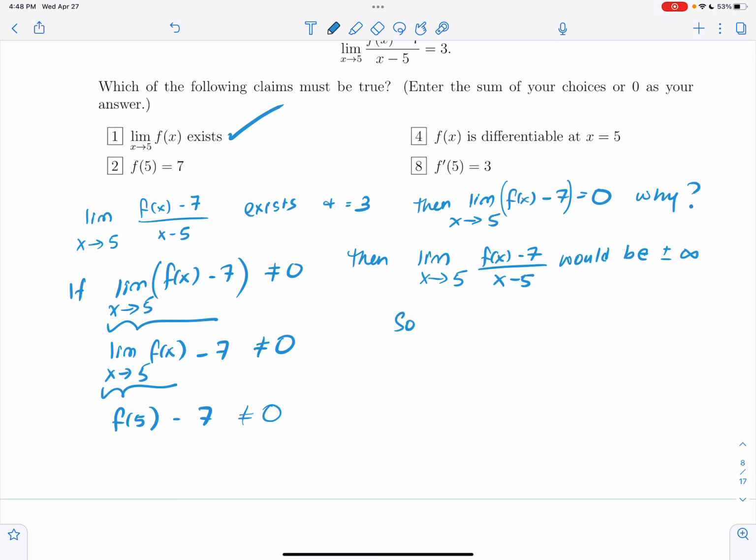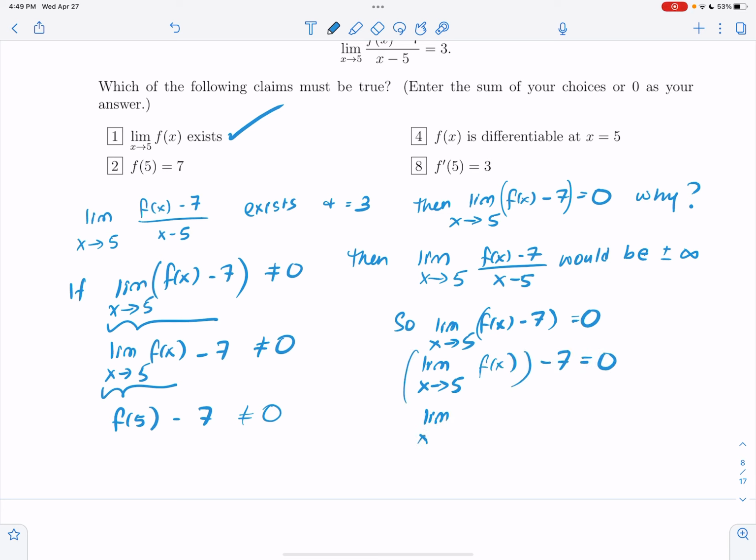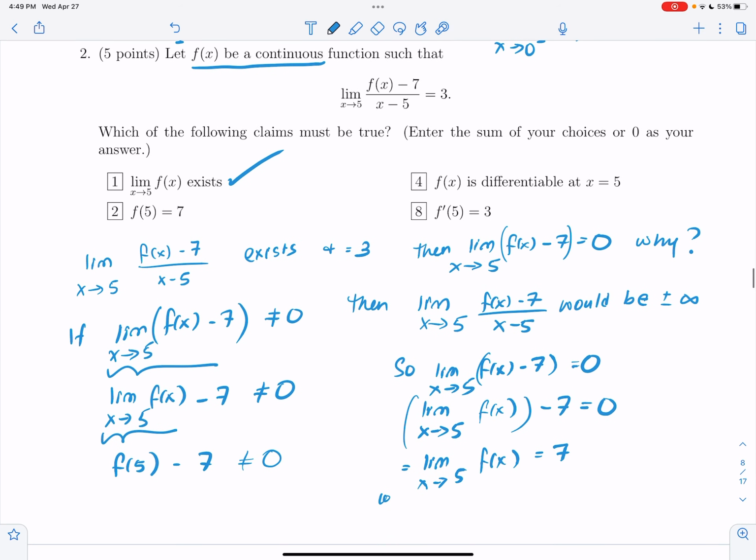So you must have that the limit as x approaches 5 of f of x minus 7 equals 0, or the limit as x approaches 5 of f of x is 7, but by continuity of f, this must be f of 5. So you must have that f of 5 is 7.